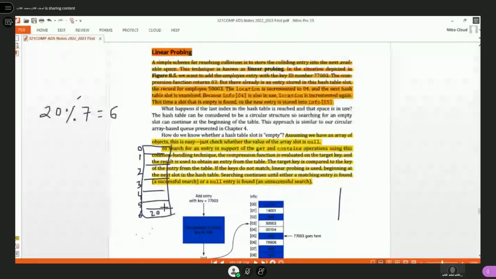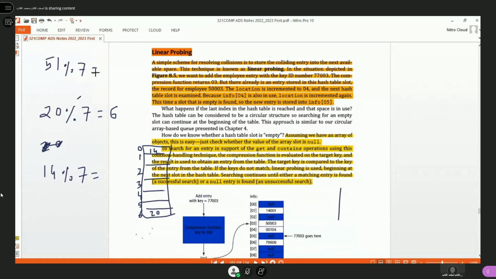Now the next number, suppose any other number we can take. I take 14. 14 modulo 7 comes 0. So I will put 14 here. Suppose now we have 51, a random number.